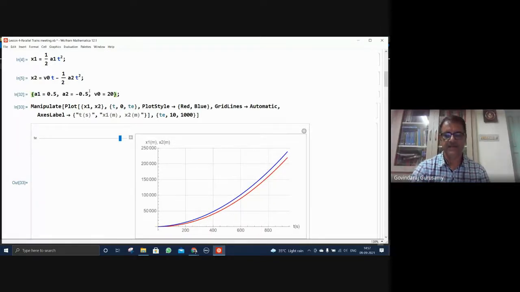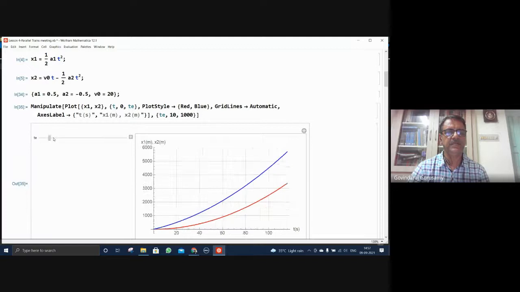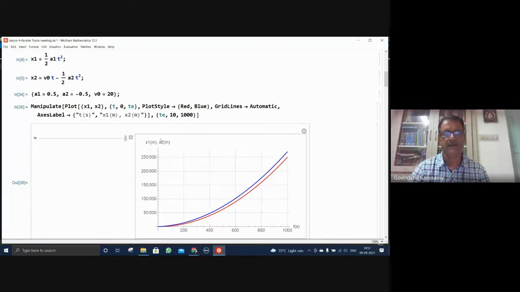This should be now. And what happened? -0.5. The initial speed only. They already almost become parallel with a small distance. No, this is a huge distance in spite of that.